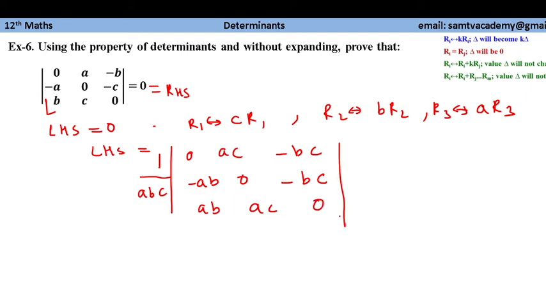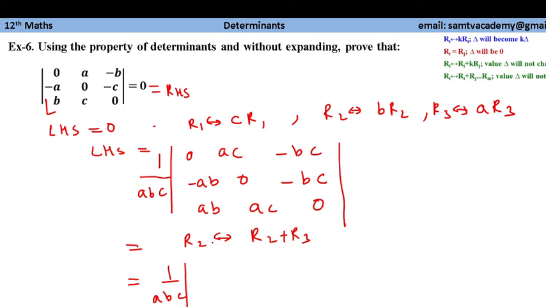After this, in the next step we are going to replace R2 with R2 plus R3. So it will become 1 upon ABC will be here only, and R2 plus R3.